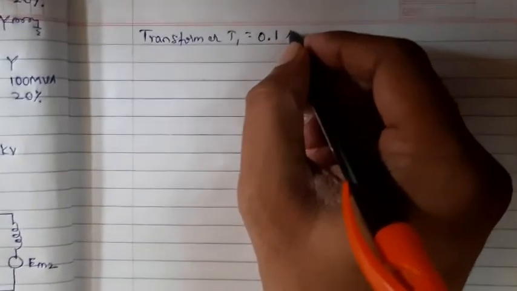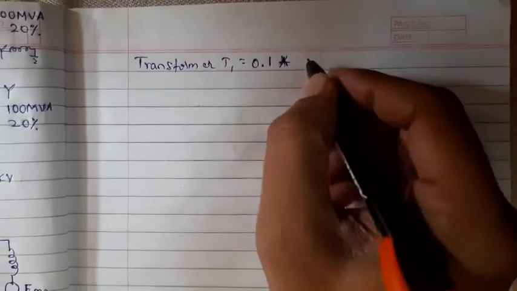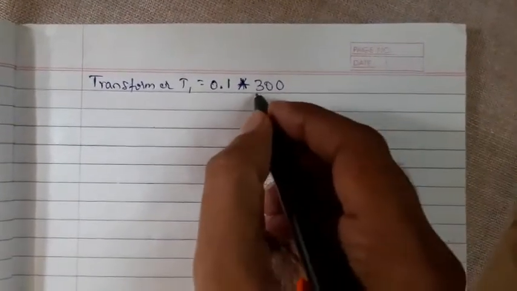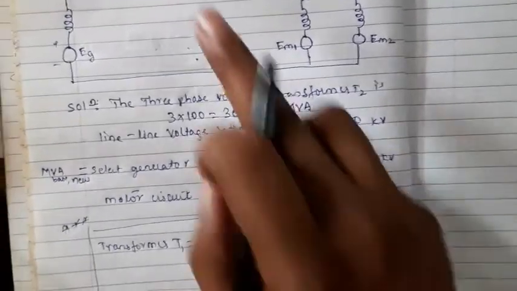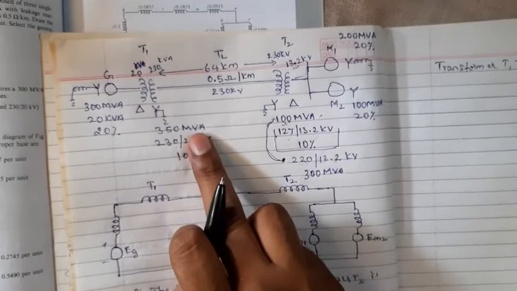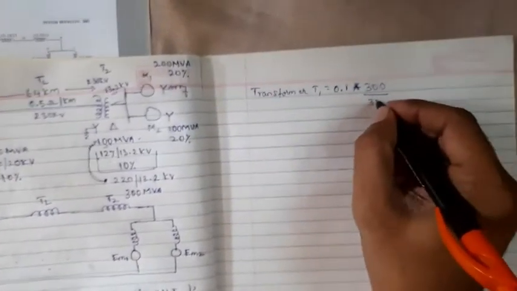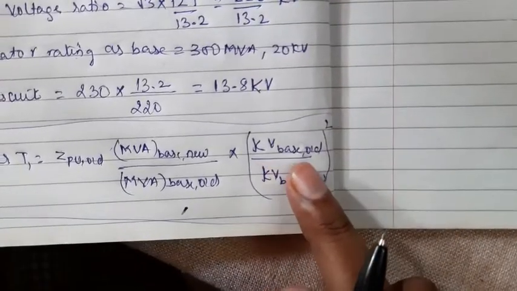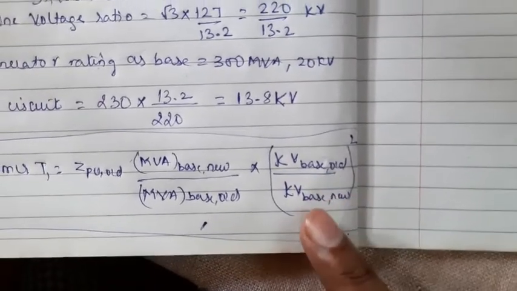So we multiply with 300. What is the old value? The MVA base old value for the transformer is 350 MVA. Take 350 MVA as the old value, into what is next? The kV base old.